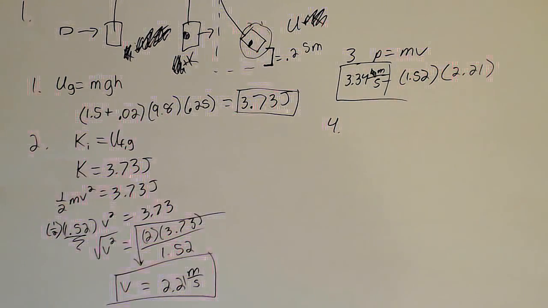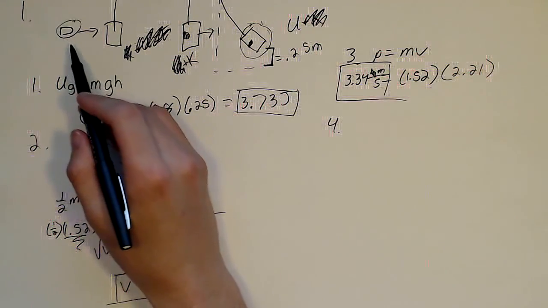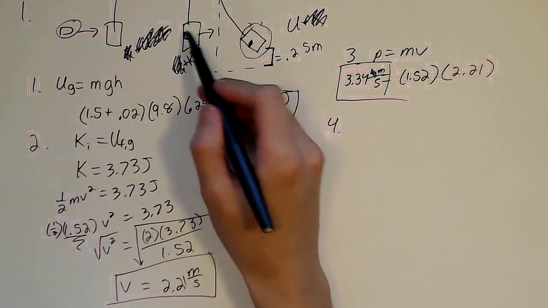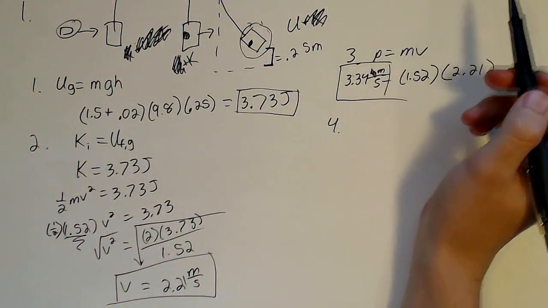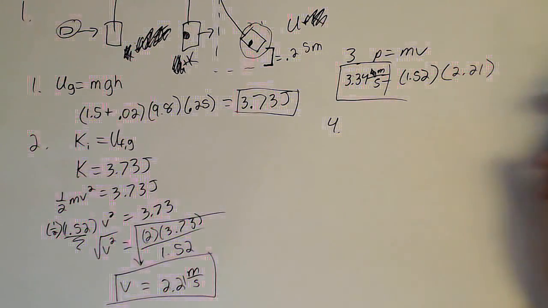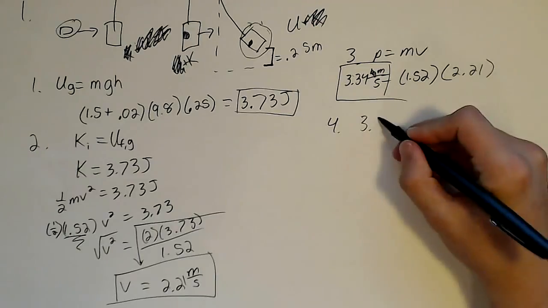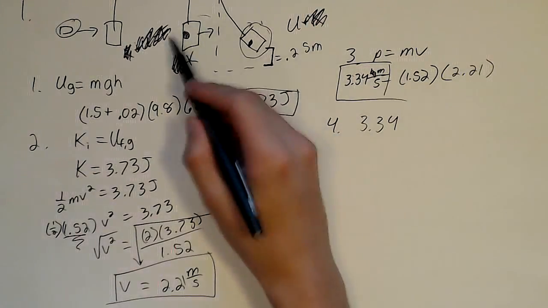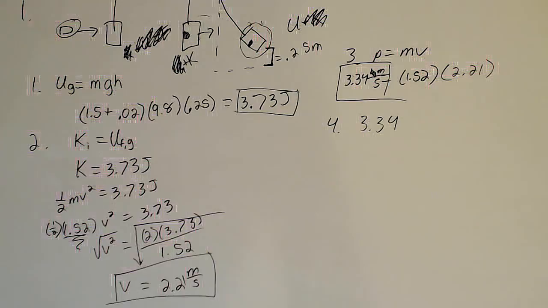Now, question, or part 4 says, what is the initial velocity of the bullet before the collision? Okay, so now they're testing your knowledge of conservation of momentum, which is that the initial momentum of the bullet is going to be equal to the momentum of the block plus the bullet right after the collision. Which means that this value that we just calculated, which is the momentum of this bullet block combination right after the collision, is going to be equal to the initial momentum of the bullet.